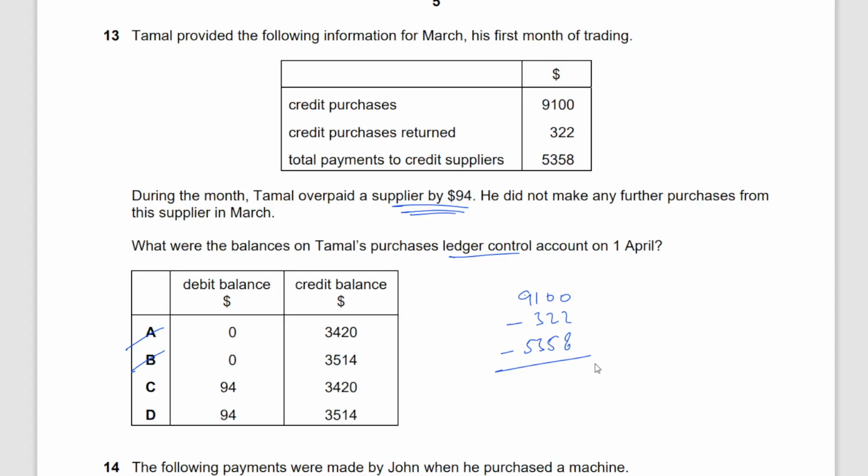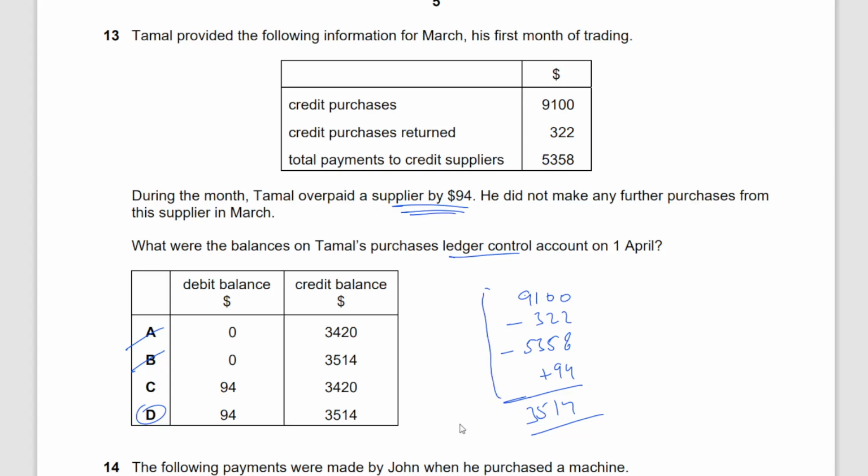That's 3420. But wait, we are missing out on the credit balance as well, right? There was an overpayment. So out of this amount paid, 94 he was not supposed to pay, right? He was not supposed to pay the 94. So we have to add that 94 back. And so we'll get 3514. That should be the answer.